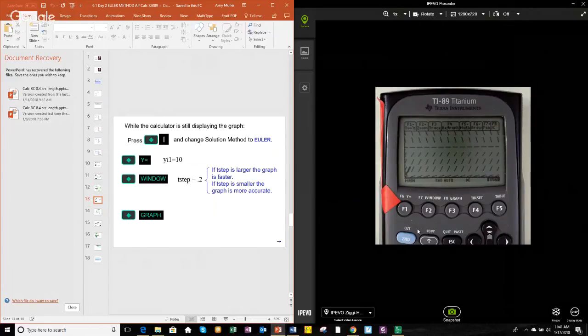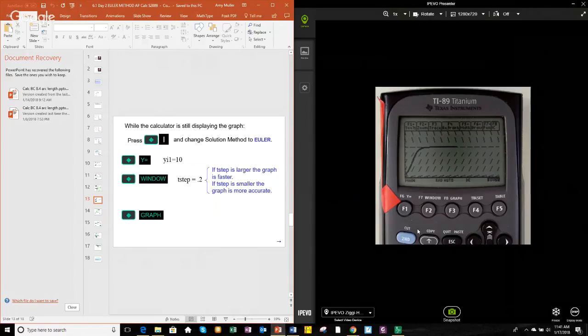And you'll see that Euler's is a little bit faster than the Runge-Kutta method, because the Runge-Kutta method is a lot more involved and is more accurate, but takes the calculator a little bit more time to come up with the solution. Now, we don't have the equation for this, but we certainly have what the graph looks like, which is really cool, using the approximation method of Euler's.